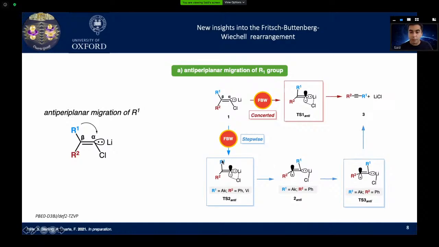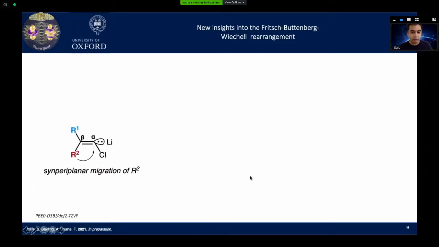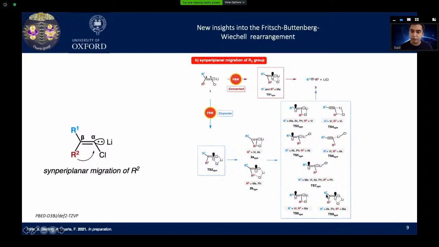On the other hand, the synperiplanar migration from these carbenoids proceeds mainly by a stepwise mechanism. And this is likely due to the presence of the chloride in one of the enantiomeric faces that hinders the migration of the R2 group.